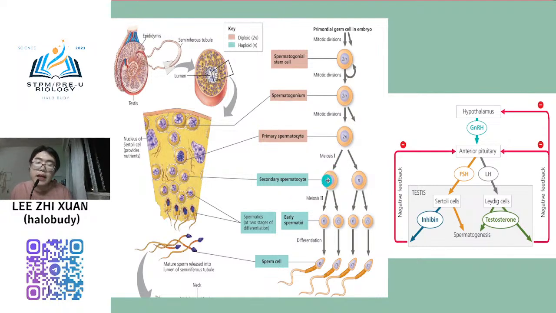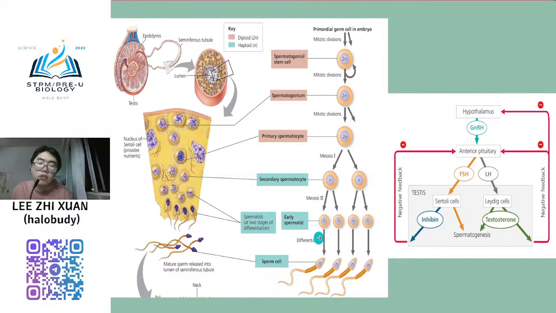So from the secondary spermatocyte onwards, your chromosome number is already N. In humans we have 46 chromosomes, so now the secondary spermatocyte contains only 23 chromosomes. After that, the secondary spermatocyte will undergo meiosis II to form spermatid. This spermatid is not a sperm cell yet.